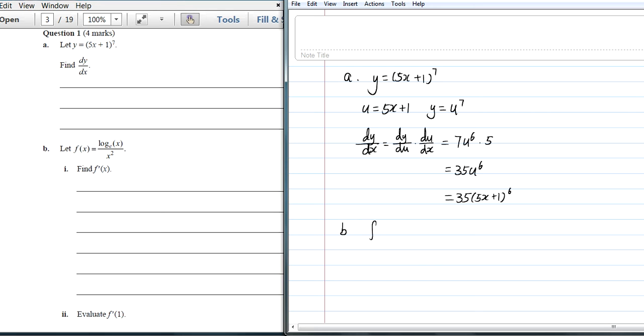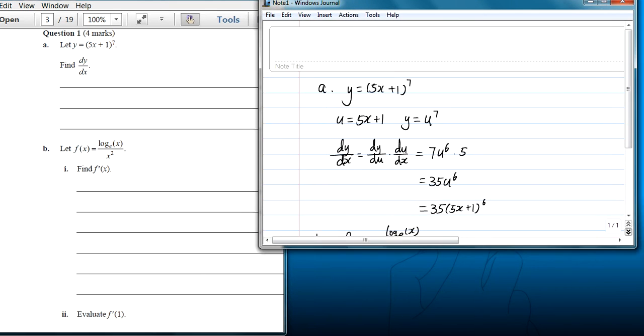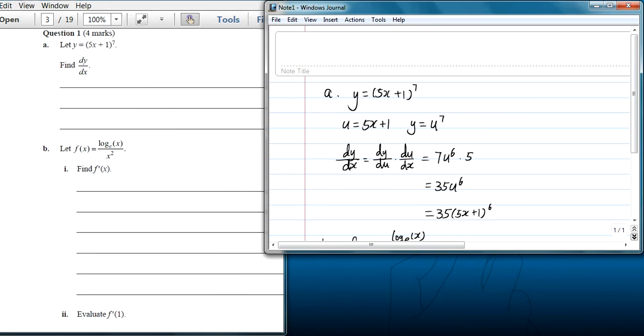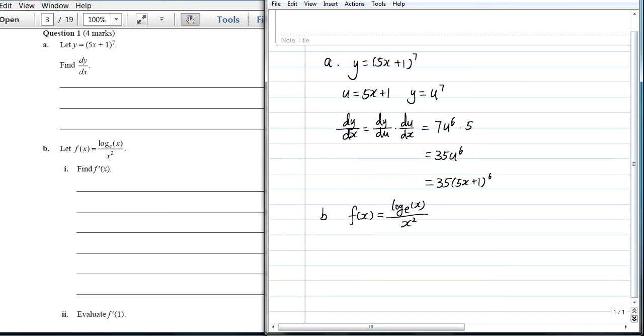Question b: find the derivative of the function f(x) equals log x to the base e over x squared. To find this, we need to use the quotient rule.